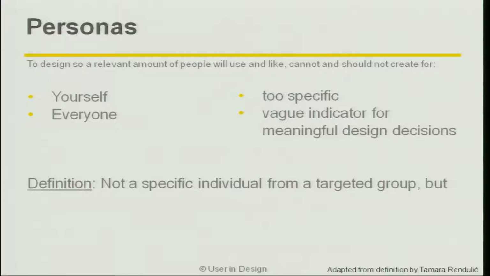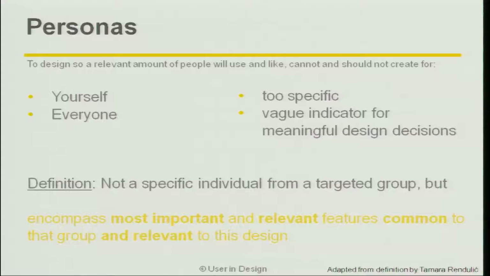So a persona helps to do precisely that. A persona is not a specific individual from a targeted group, okay? It's not a person. A persona is a representative of a group of people, okay?